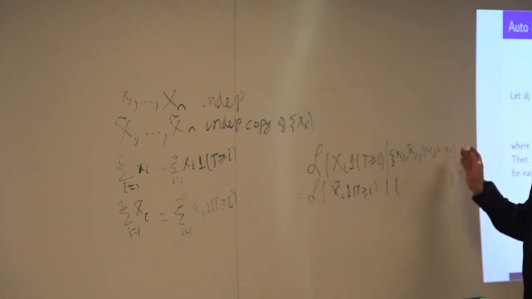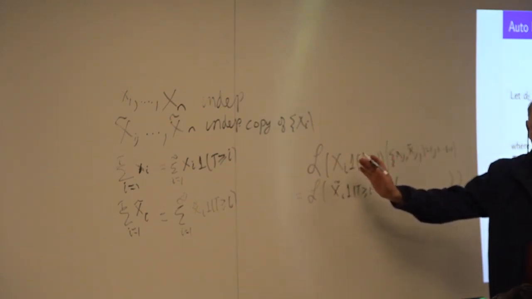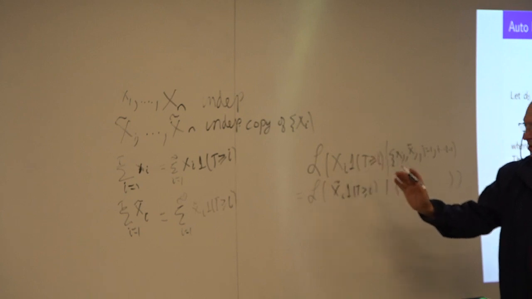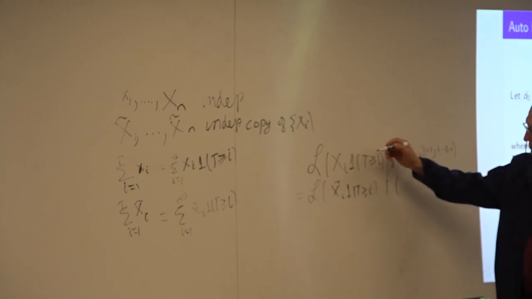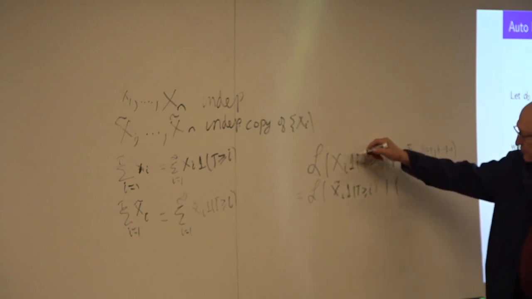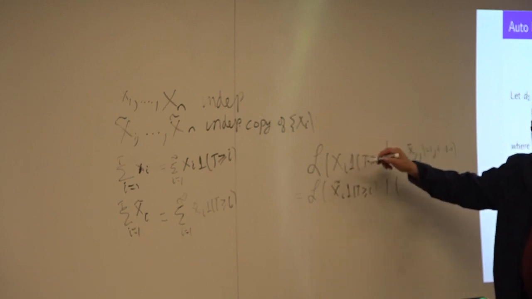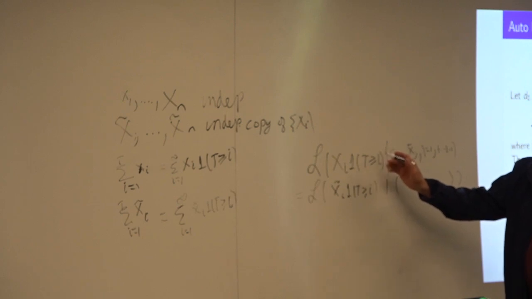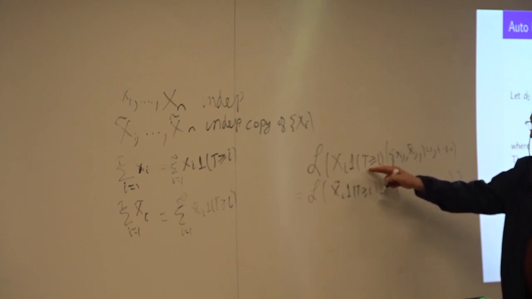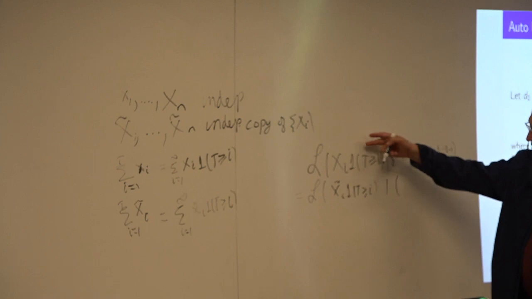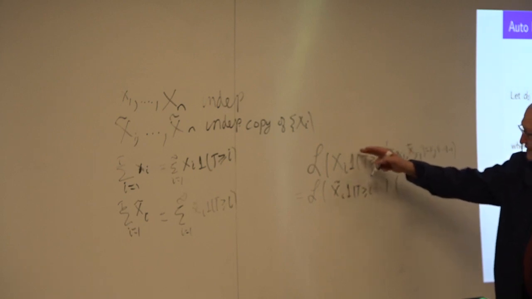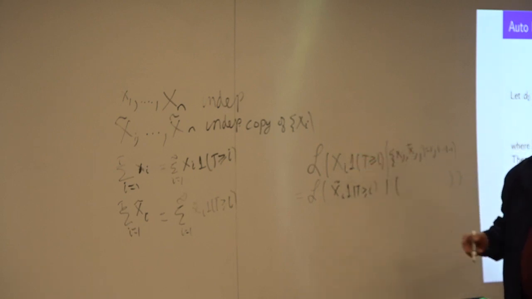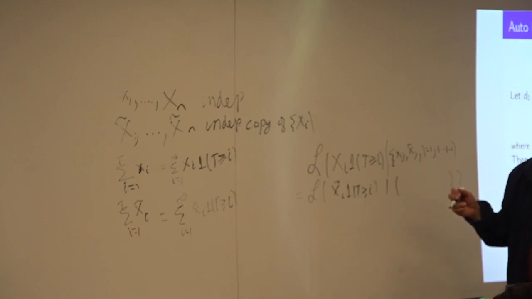So we are conditioning on the first i minus 1 pairs. And since this random variable is measurable with respect to what I would call f sub i minus 1, so if I know the x's up to x sub i minus 1 and the x sub i tildes up to i minus 1, then this is a random variable adapted to f sub i minus 1.